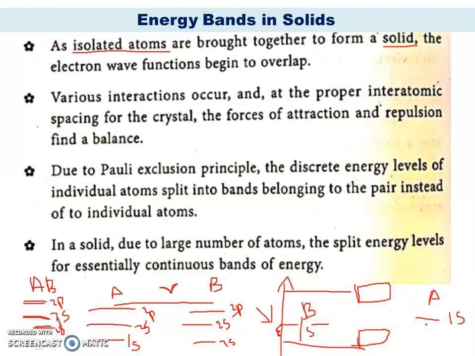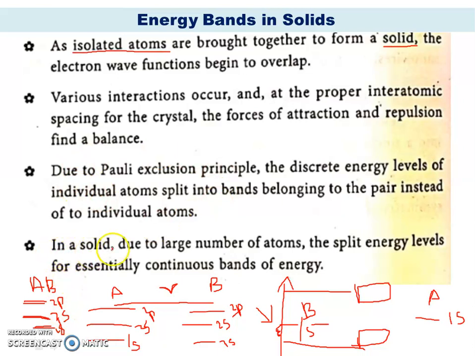Now we end up with 4 electrons if you bring these two atoms close together. But according to Pauli's exclusion principle, one level can accommodate only 2 electrons. That is why two energy levels are formed. Now I think you understood this third point also.